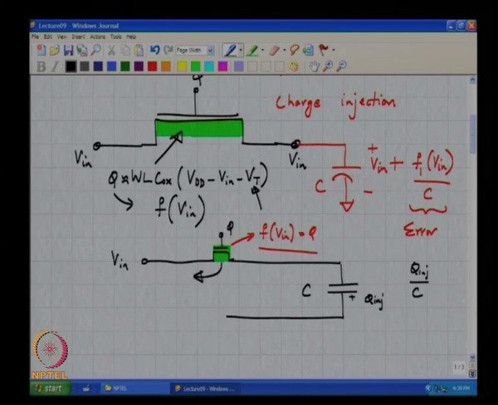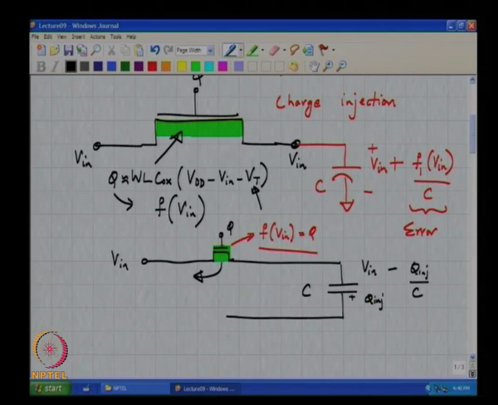So, now when you turn it off, all this charge which is signal dependent goes into the source. So, the voltage on the capacitor is basically the input voltage minus Q inject by C. So, there is an error on the sample voltage, however, this error is independent of the input.